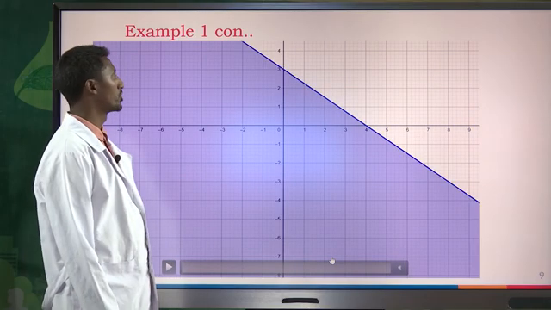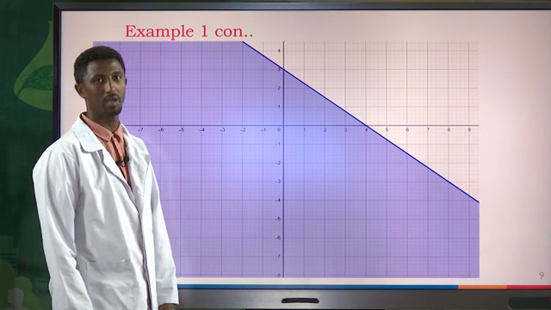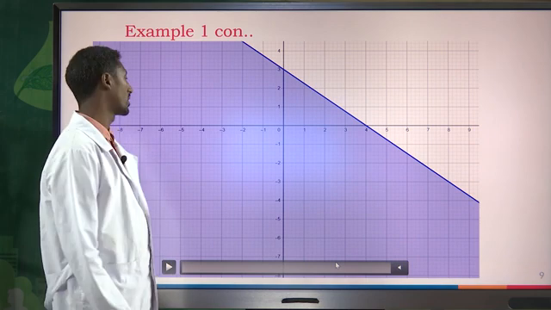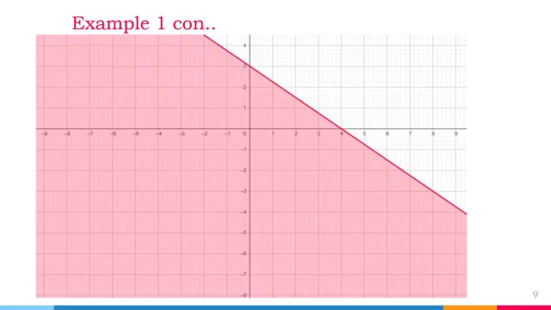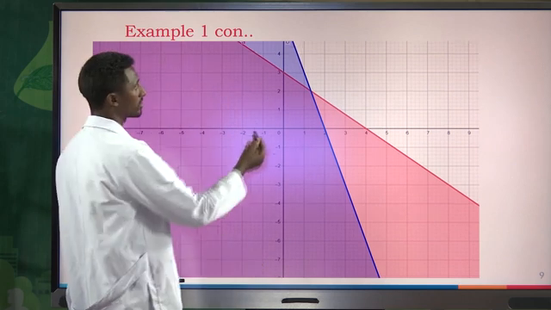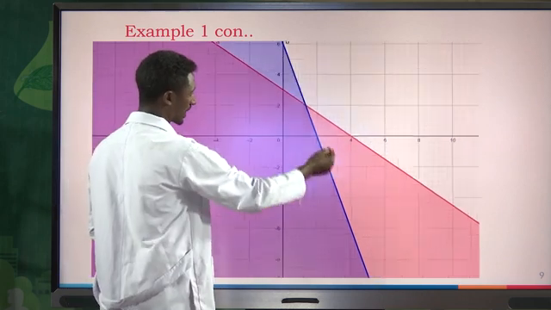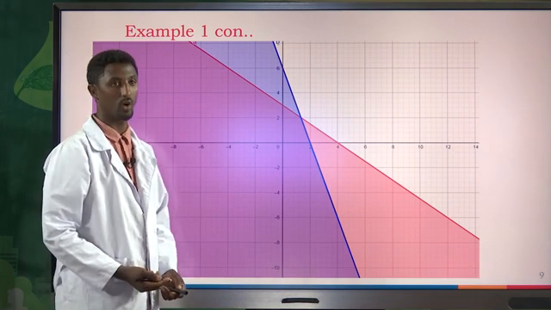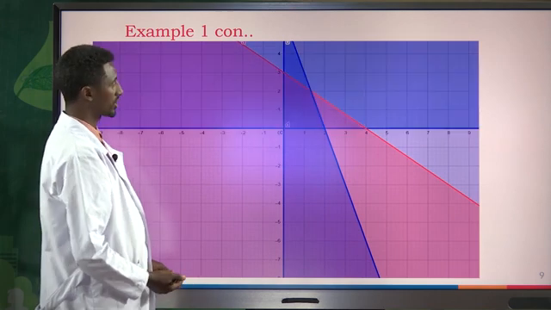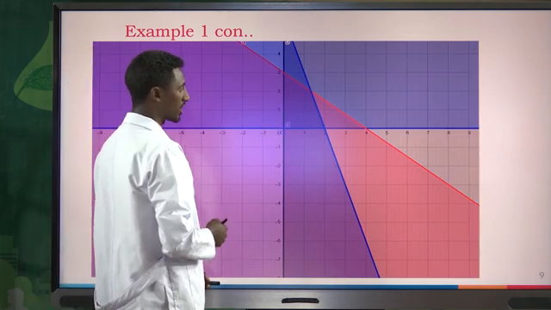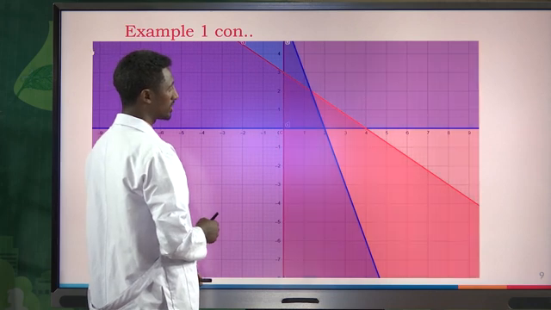Now to solve the given linear programming problem, let's draw all the constraints in one coordinate plane. The first one is the graph of 3x plus 4y less than or equal to 12. And the second is the graph of 3x plus y less than or equal to 6. Both graphs are shaded downward depending on the given linear inequality.